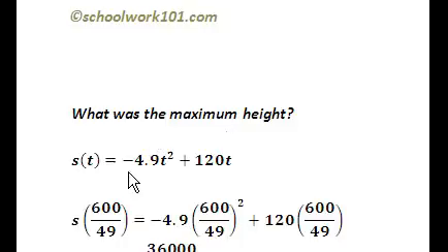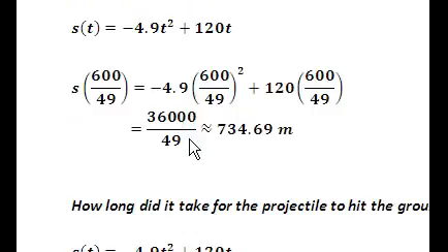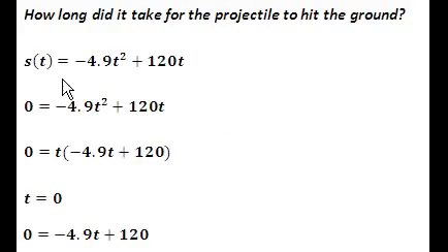Now that we know how long it took, we would take t, the precise number was 600 over 49, plug that into the position function, and of course I'm going to approximate at the very end. So it looks like the projectile went 734.69 meters. I got feet on the mind.